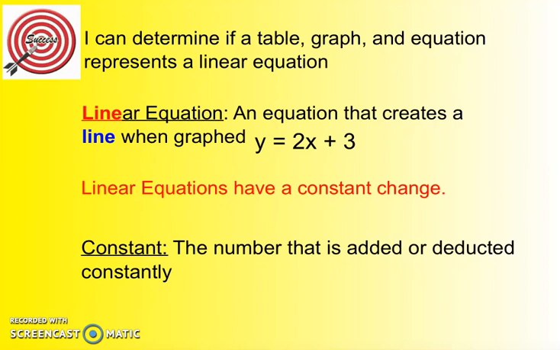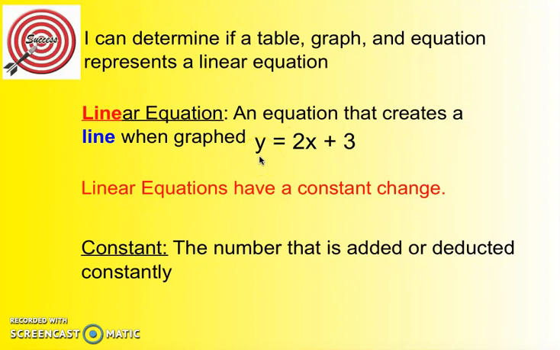Well, a linear equation, if you notice within the word linear, it has the word line. So a linear equation is an equation that creates a line. And so y equals 2x plus 3, that's an example of a linear equation. It looks very similar to when we worked with functions, where we plug in a number and it spits out an answer.